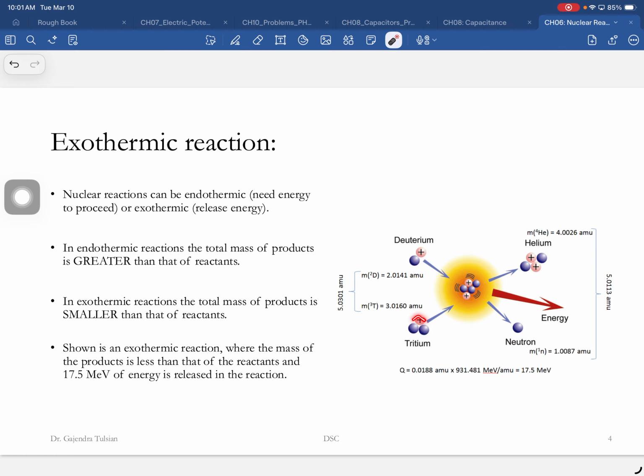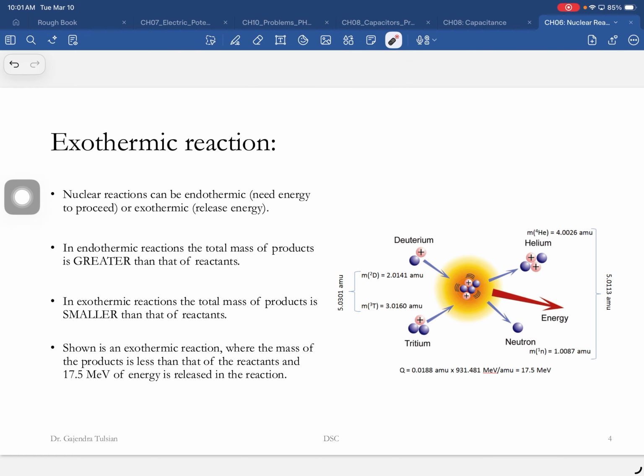And here's tritium, another isotope of hydrogen: 1 proton and 2 neutrons. You can combine these to form a helium nucleus and a neutron. This guy weighs less than these guys, and energy is released. So this is a fusion reaction.